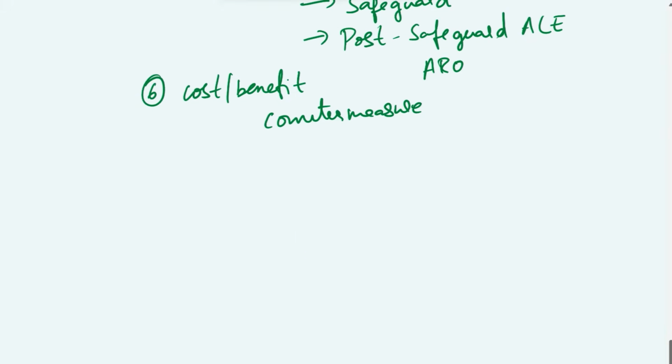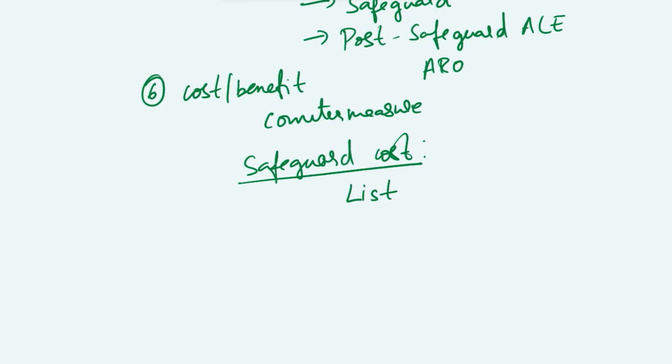Now let's see how to evaluate the safeguard cost. To assess each specific risk, you must analyze various safeguards or countermeasures based on their cost effectiveness. Firstly, create a list of safeguards for each threat and assign a deployment value to each of these safeguards.